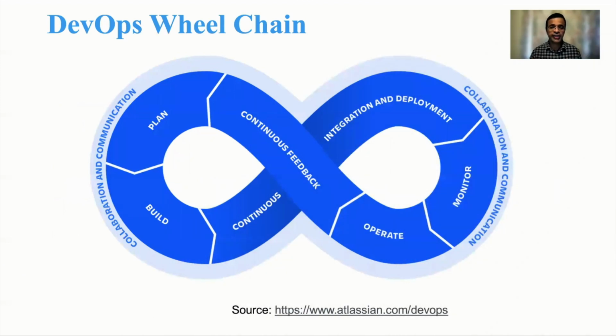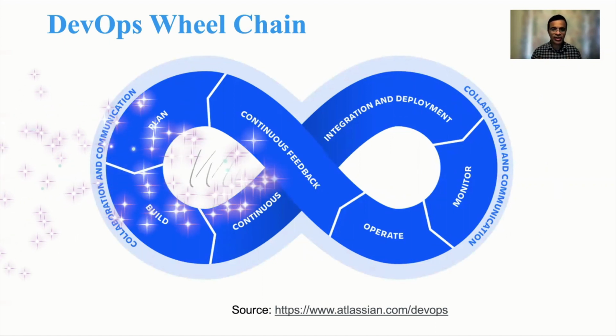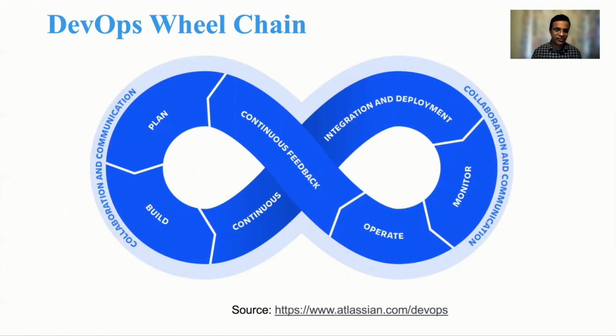Before we get into the details of what the DevOps ecosystem is and how many tools are available, let's look at a very popular DevOps wheel chain, which you must have seen many times. The left-hand side represents your development, where you are planning and building software, and then there is continuous integration happening with the operations side of the world.